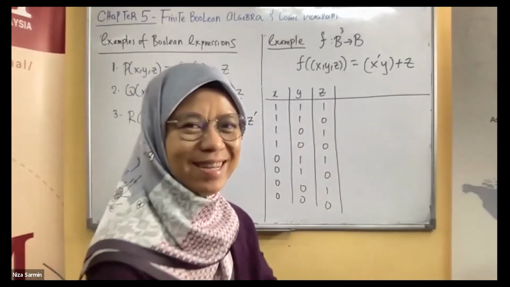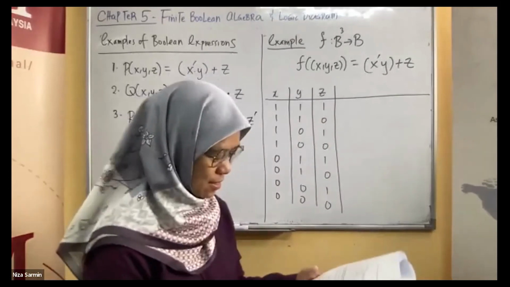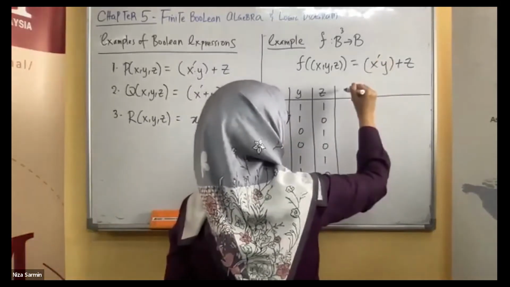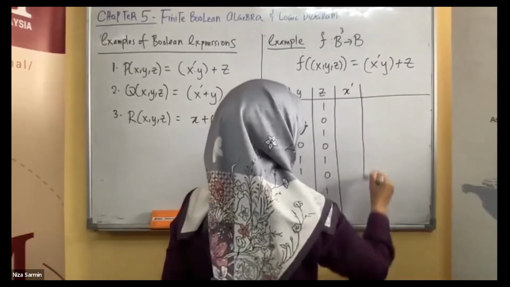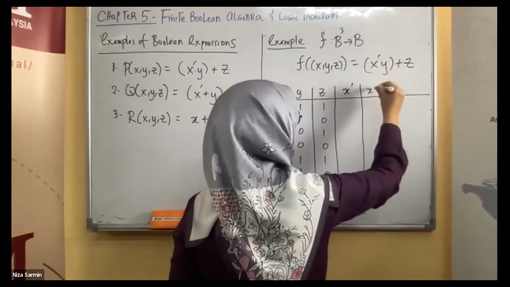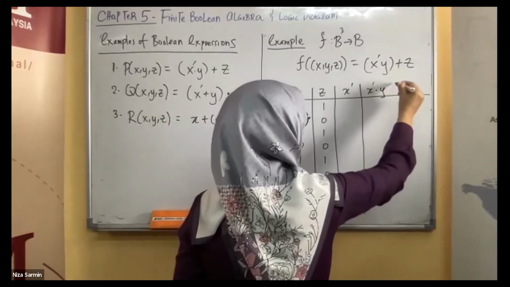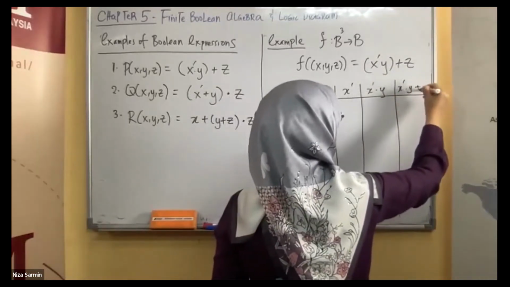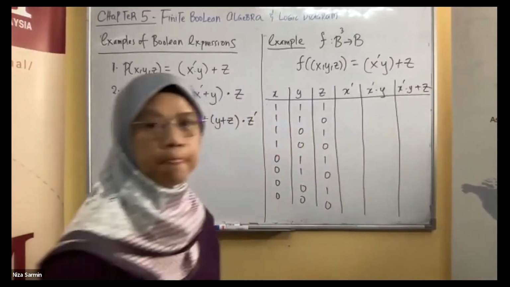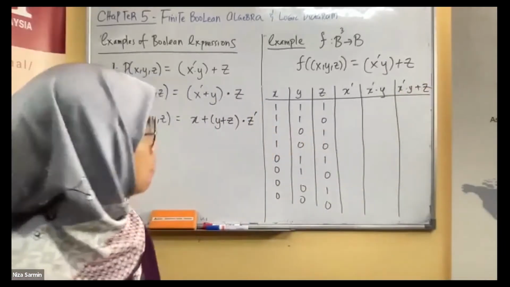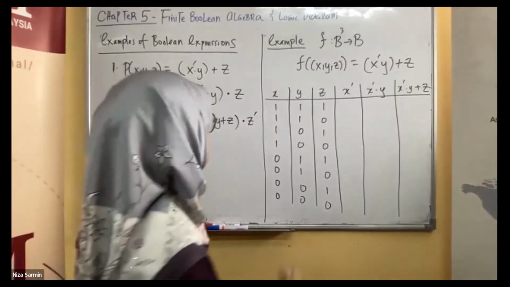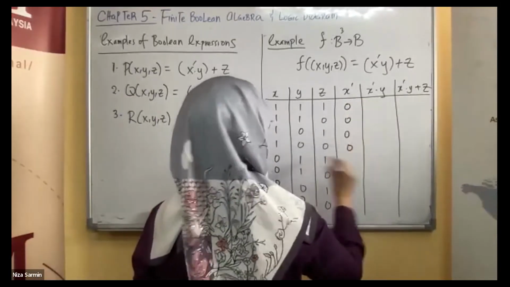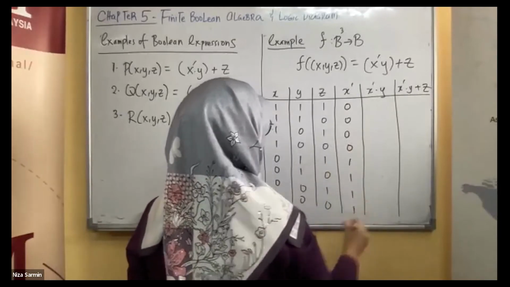It feels different, right? Okay. So now we need to have X prime, yeah? X prime. And then we need to have X prime dot Y. And then we have X prime dot Y plus Z. Okay. X prime is 0, 0, 0, 0, 1, 1, 1, 1.